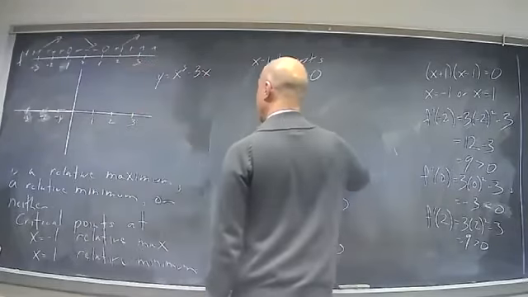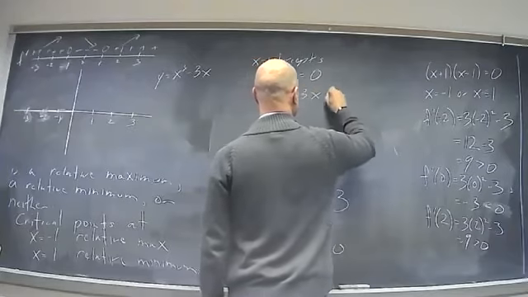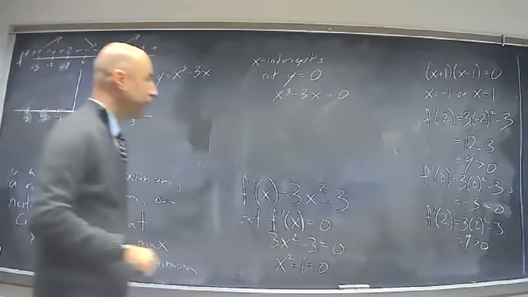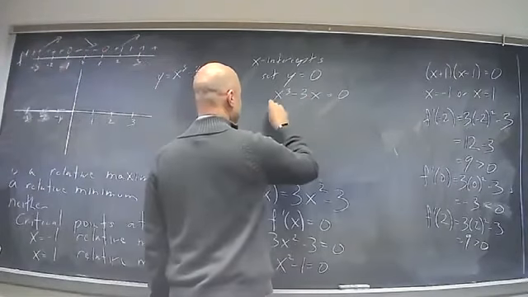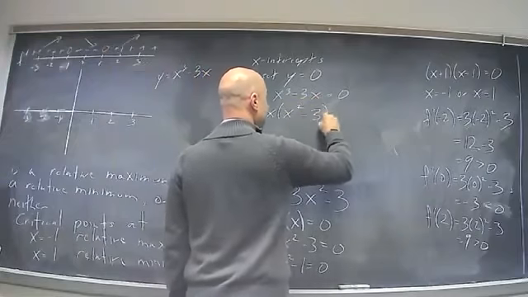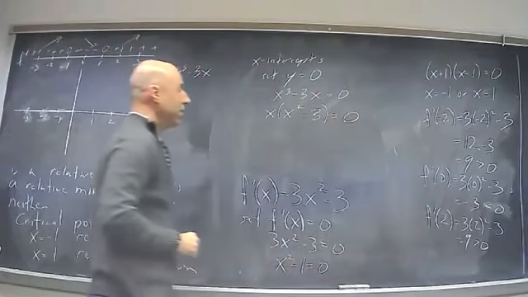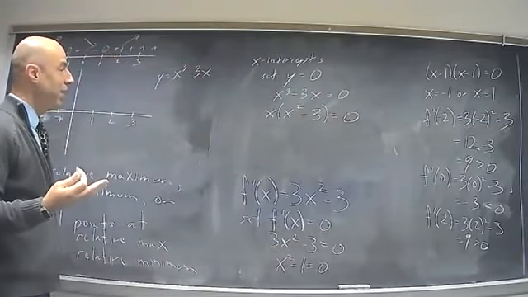So we'll set y equals 0. So x cubed minus 3x, the original function, set that equal to 0. You can do this however you want. I'm going to factor out my x. x squared minus 3 is equal to 0. And that means either x equals 0 or x squared minus 3 equals 0.